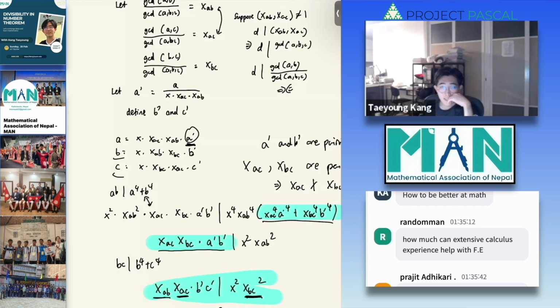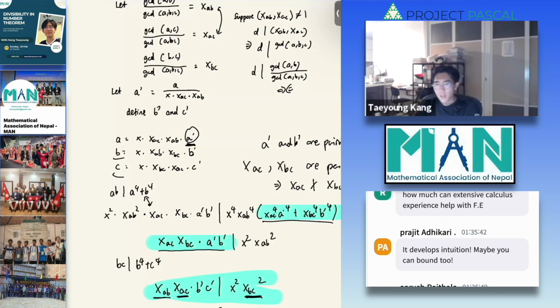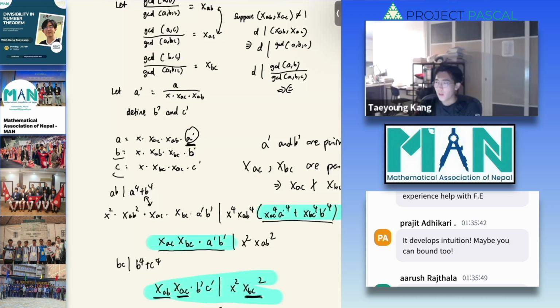How much can calculus help for Olympiad? It does little to no help. It doesn't really help you much at solving Olympiad problems, but it may allow you to use some more advanced techniques like Lagrange multipliers for some inequality problems, but it doesn't really help for functional equations, in my opinion.